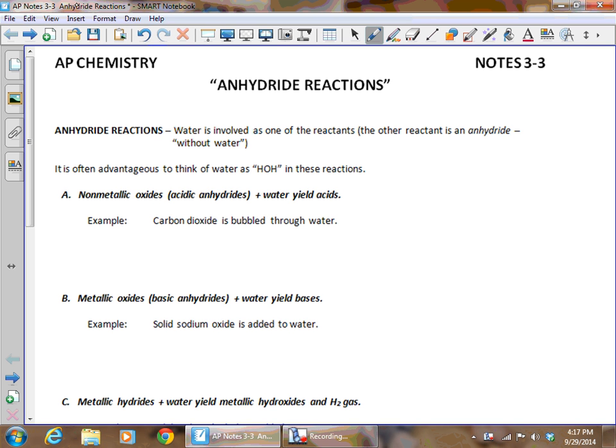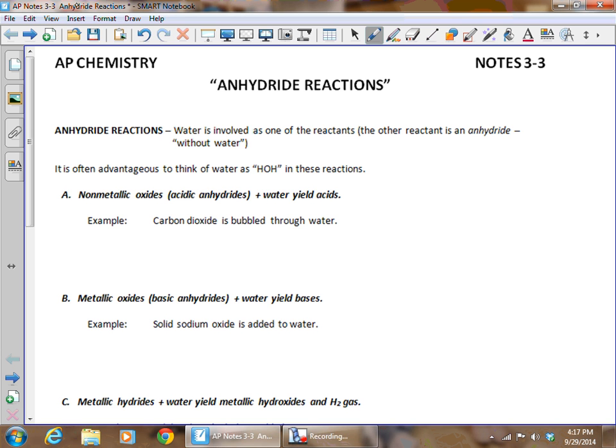So what we want to talk about today are anhydride reactions. Anhydride reactions, as the name suggests, are without water. So when you have water as one of the reactants, you can pretty much assume that the substance that's reacting does not have water in it, and it's being, I guess you could call it, added into the system.